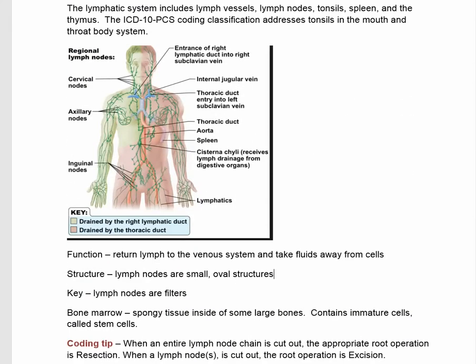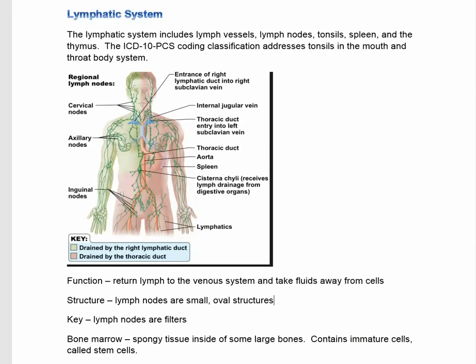Then if we move to the lymphatic system, again from an anatomical standpoint, the lymphatic system includes lymph vessels, lymph nodes, tonsils, spleen, and the thymus. Our ICD-10-PCS coding classification addresses the tonsils in the mouth and throat body system.